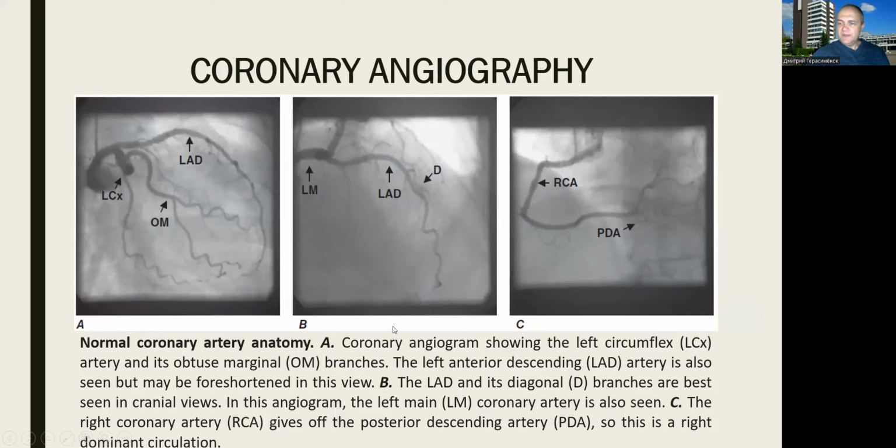Figure B, the LAD and its diagonal branches are best seen in cranial views. In this angiogram, the left main coronary artery is also seen. And figure C, the right coronary artery gives off the posterior descending artery. So this is a right dominant circulation.